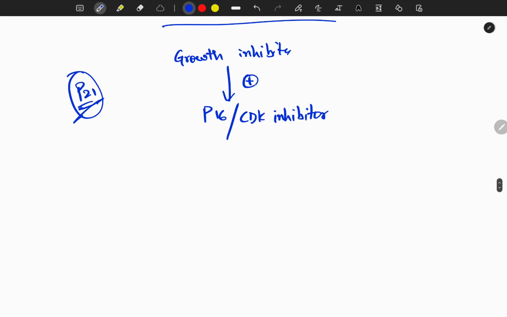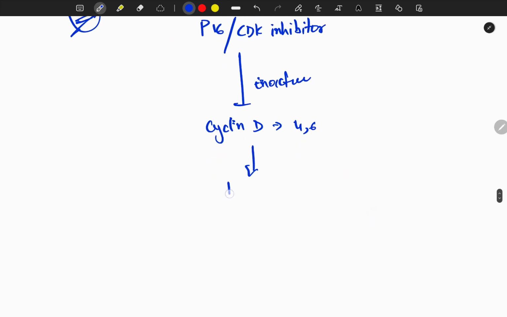See, a growth inhibitor increases the CDK inhibitor. What will it inactivate? It will inactivate cyclin D with CDK4 and CDK6. So what will happen? Hypophosphorylation of the RB gene.